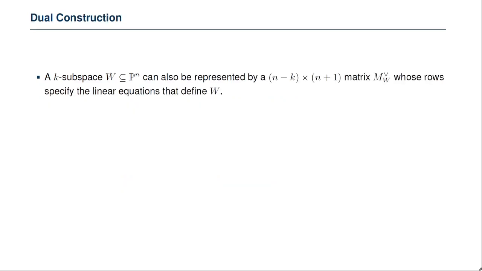There is also a dual version of the Chow form. Suppose instead of representing a k-subspace by a (k+1) by (n+1) matrix, we now represent it by an (n-k) by (n+1) matrix, whose rows specify the linear equations that define the k-subspace. In other words, we represent a subspace by its parity check matrix instead of its generating matrix.